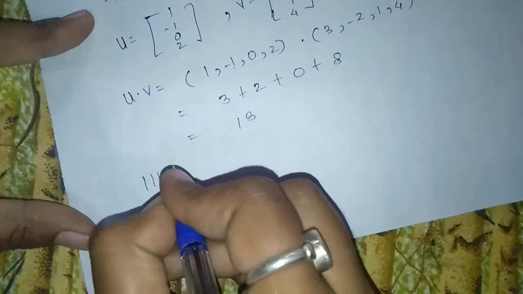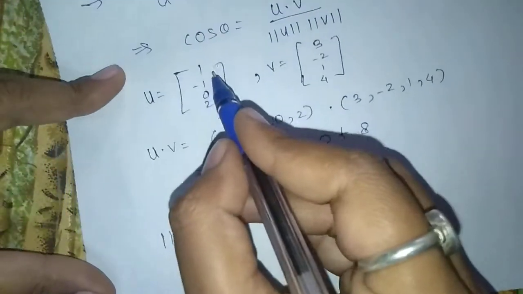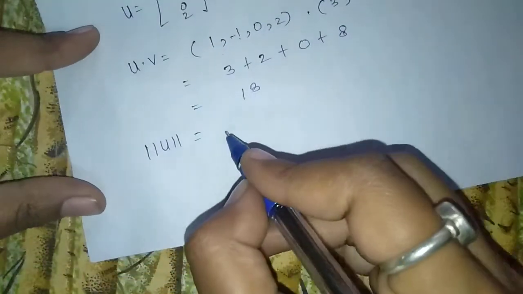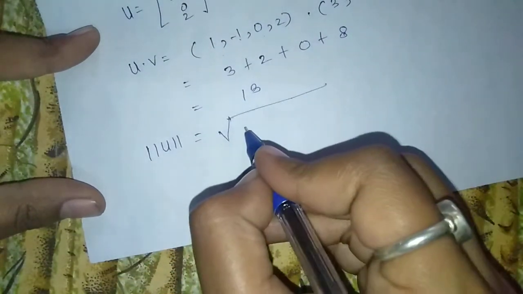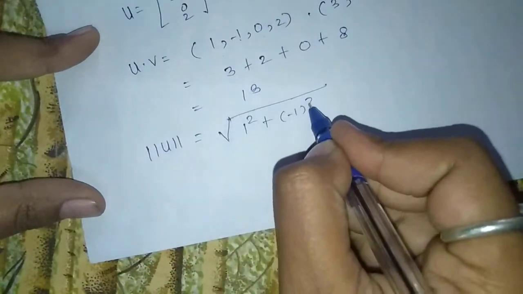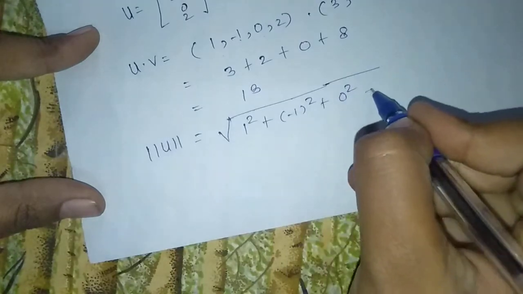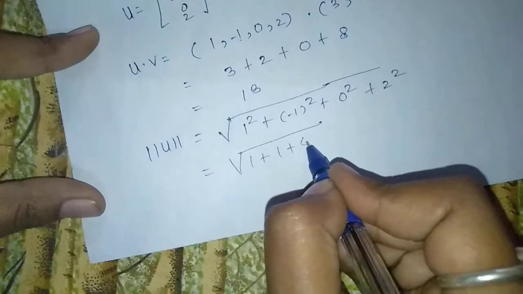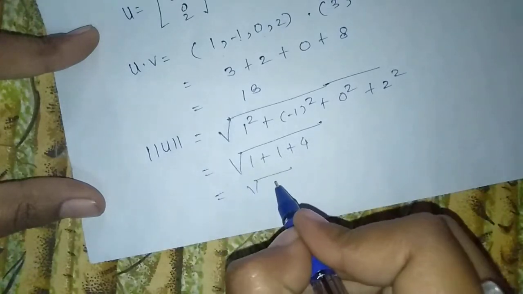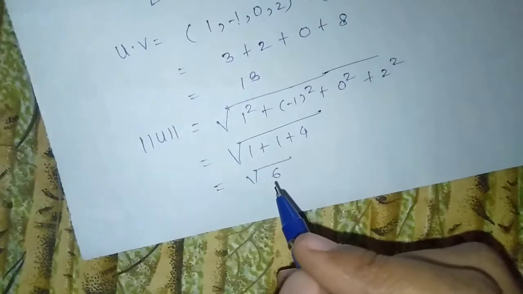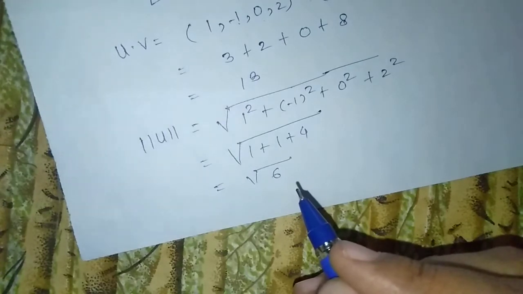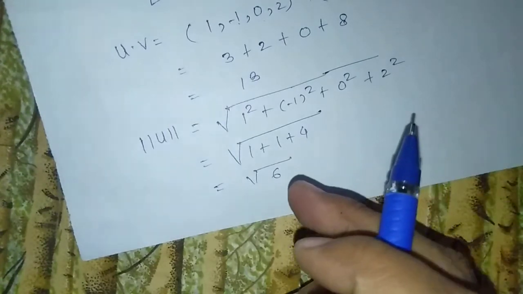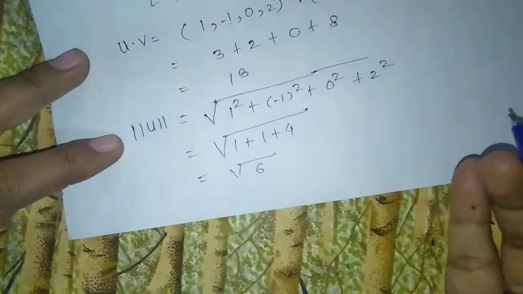Norm U, with U = (1, -1, 0, 2), means the square root of 1 squared plus (-1) squared plus 0 squared plus 2 squared, which implies 1 plus 1 plus 4, equal to root 6.